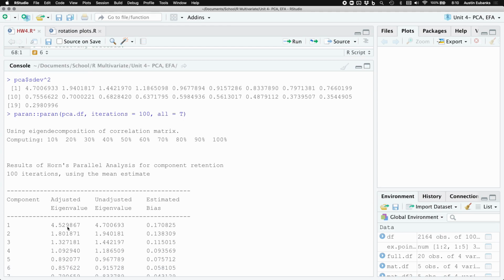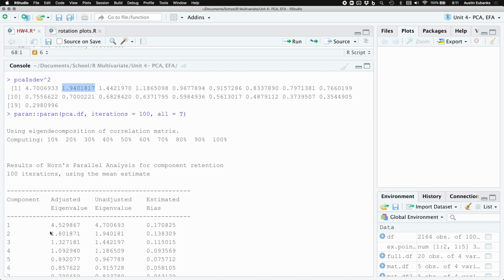Keep in mind that if you run this over and over, you're not going to get the exact same values every time. You may have slightly different values just by the nature of it being random. But here we can see that our first actual eigenvalue is 4.7, and down here the randomized one is 4.5. So cool, that one's good.